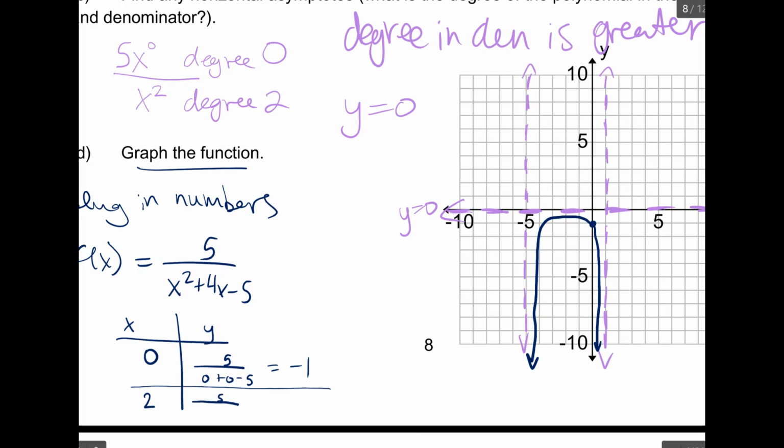5 over 2 squared plus 4 times 2 minus 5. How am I picking these numbers? Different sides of the asymptote, exactly. I tried to pick easy numbers for myself. Pick 0 because that will make my x's go away. Pick 0, found this point, and then I follow the asymptotes to fill it in.